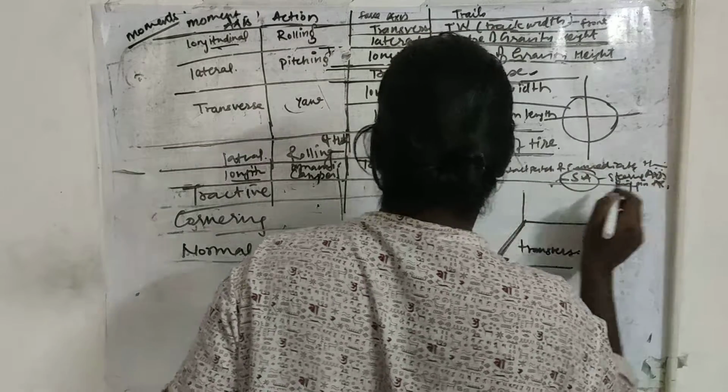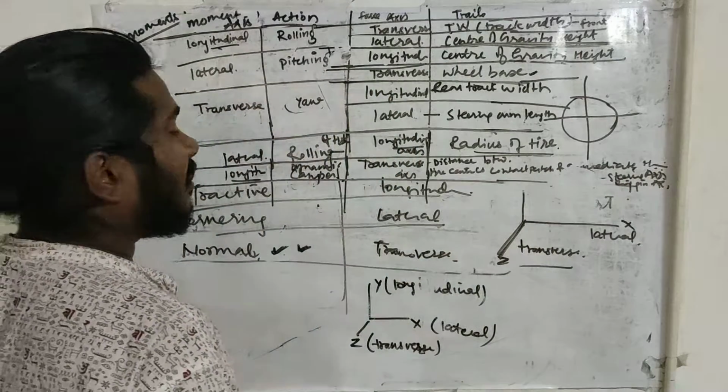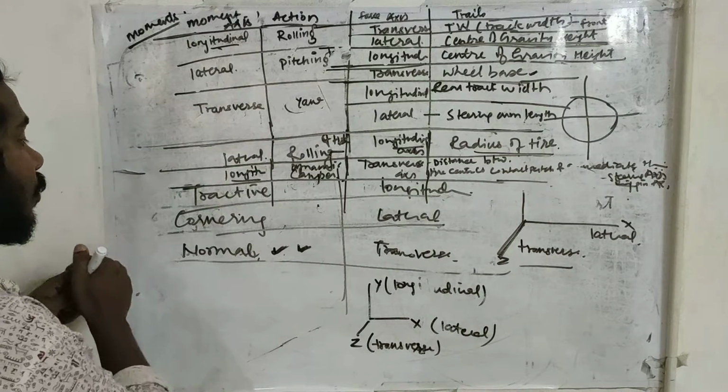The distance between the tire center contact patch and the kingpin axis. You got this, guys?